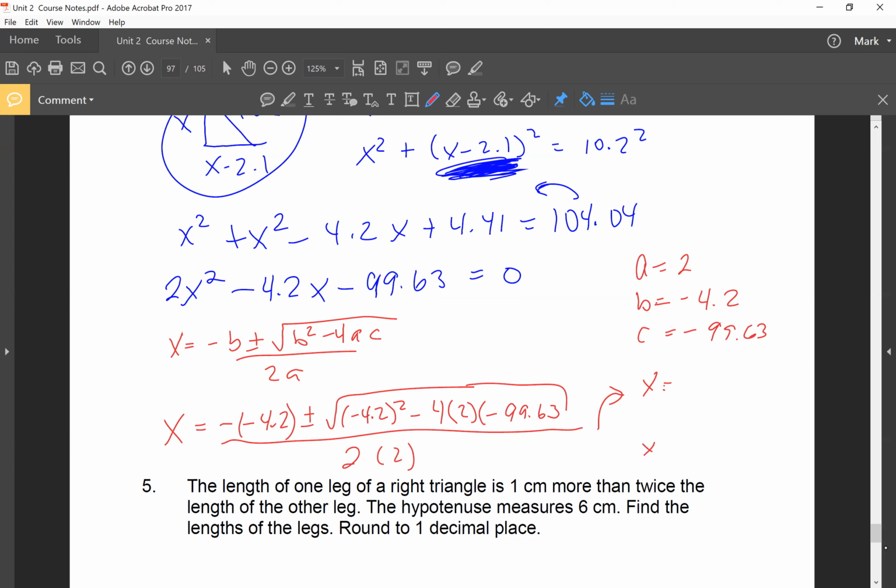So guys, I'm going to do this really quickly on my calculator and see what I get. Just give me a second here. I'll start with the plus term.